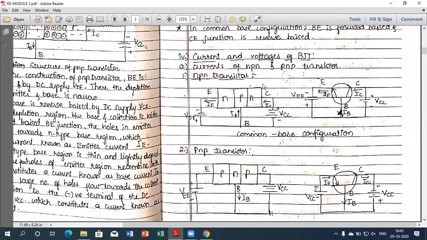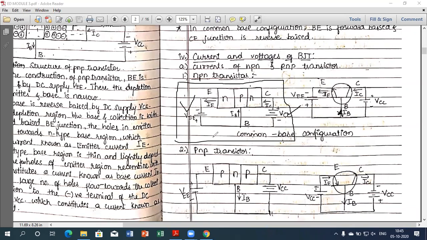Now, look at this diagram. In this diagram we have VEE, that is the emitter voltage applied between the emitter and base, and VCC, that is the collector voltage applied between the collector and base.